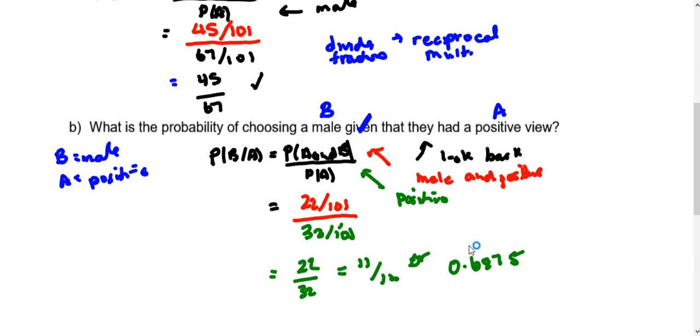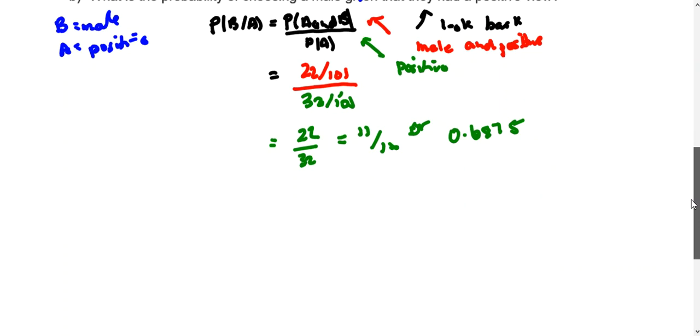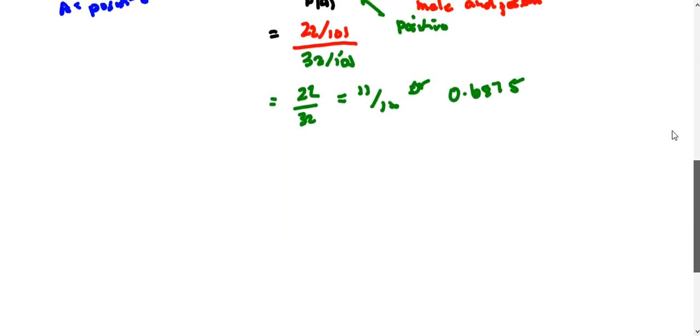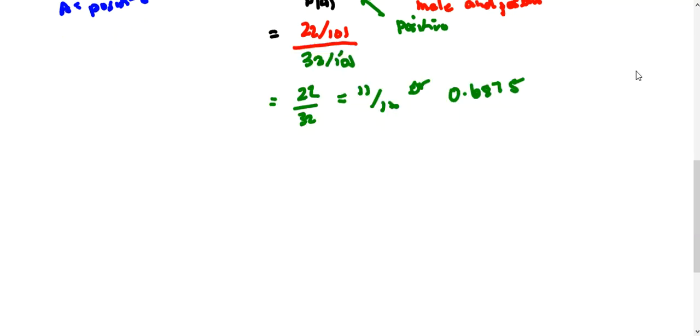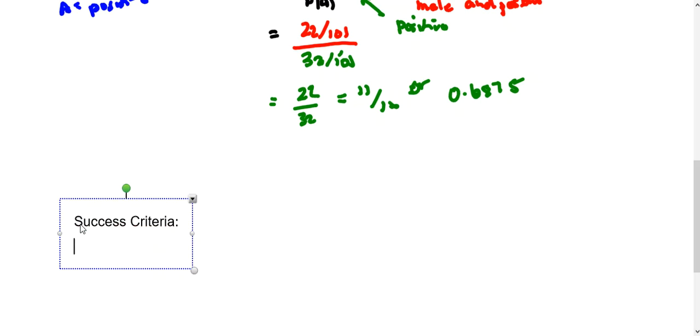So your success criteria: if I was going to say what are the biggest things I have to do when doing this lesson? Clearly define your variables.